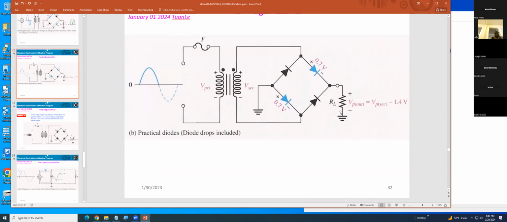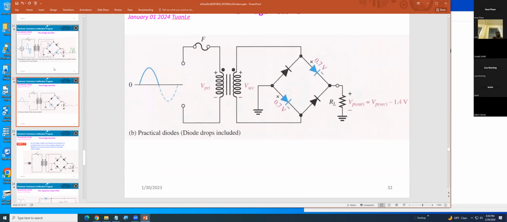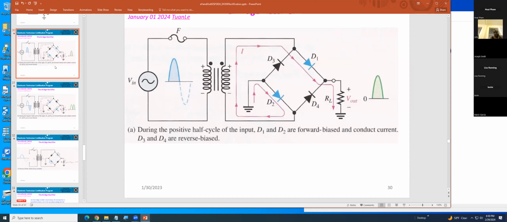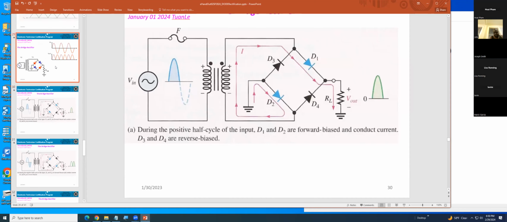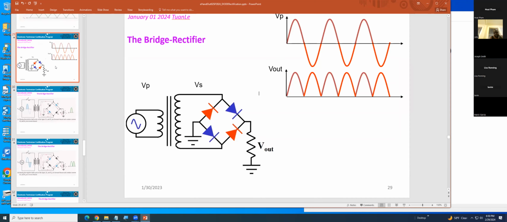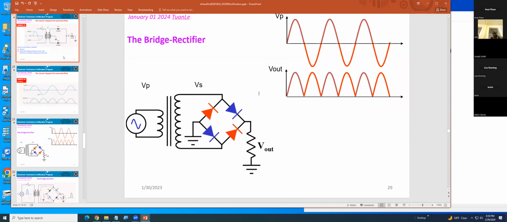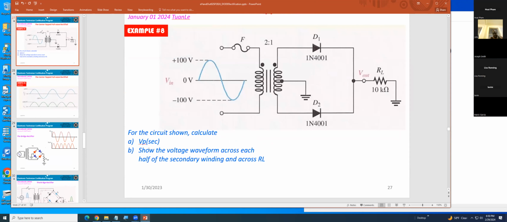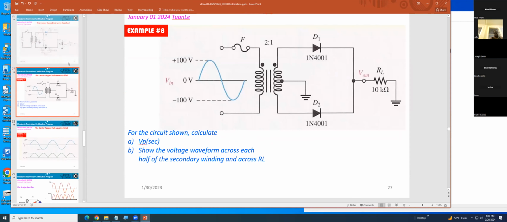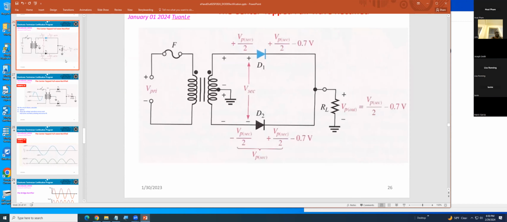If you want to calculate the output, you take the V peak secondary minus 1.4 volts. Okay? And also, they can tell you, okay, let's see, I think here somehow they're telling you that the frequency will be double, right?